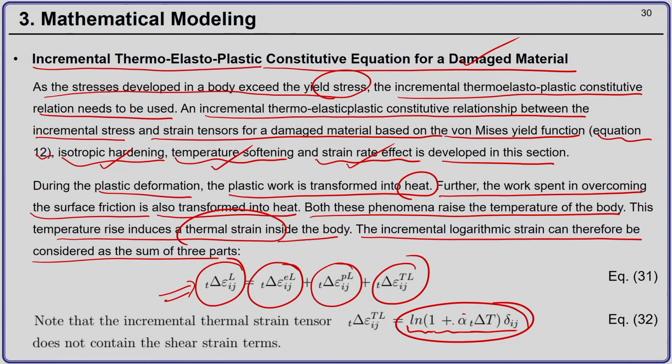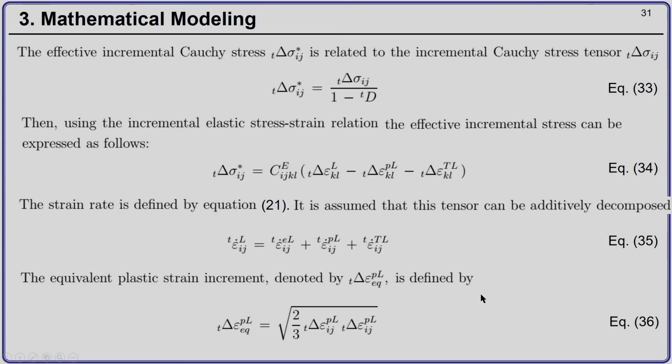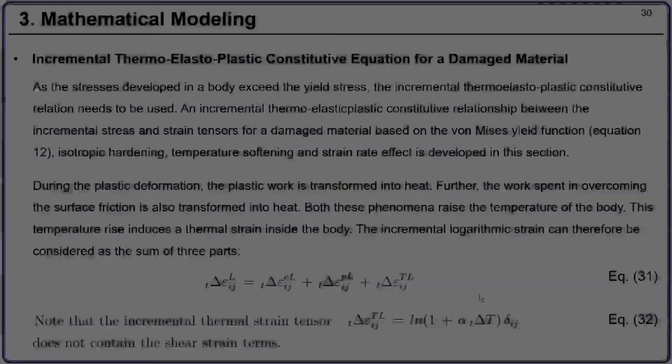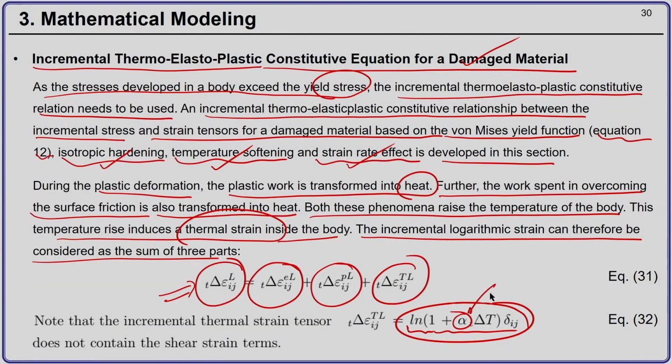Here alpha is the material constant, and delta is the Kronecker delta, and delta T is the temperature rise.